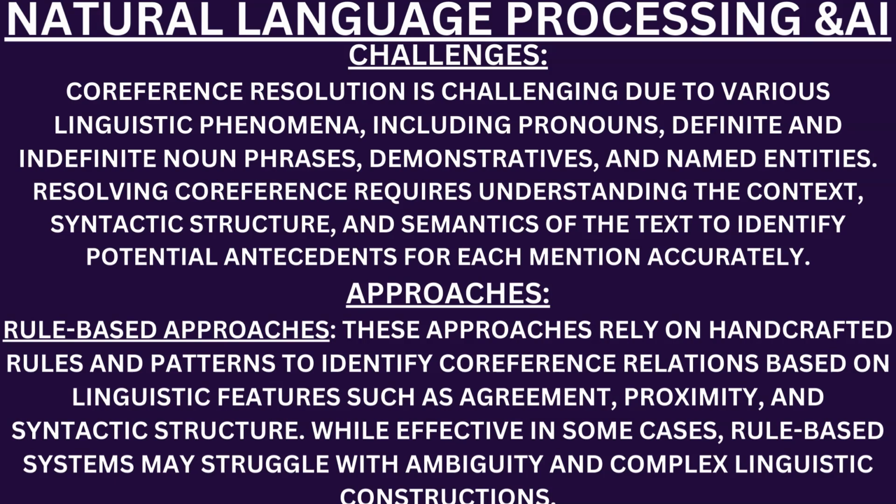Approaches: rule-based approaches. These approaches rely on handcrafted rules and patterns to identify co-reference relations based on linguistic features such as agreement, proximity, and syntactic structure. While effective in some cases, rule-based systems may struggle with ambiguity and complex linguistic constructions.